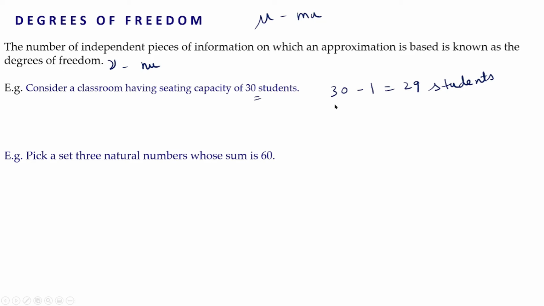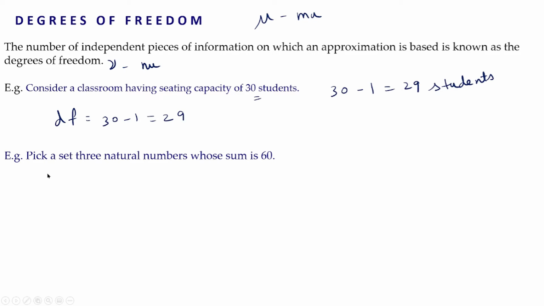Whereas the last student has no other option; he or she has to occupy the only seat left. So here the degrees of freedom, short form DF, is 30 minus 1 which is equal to 29.